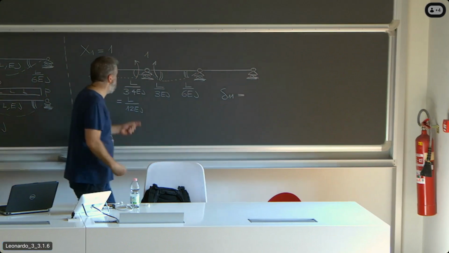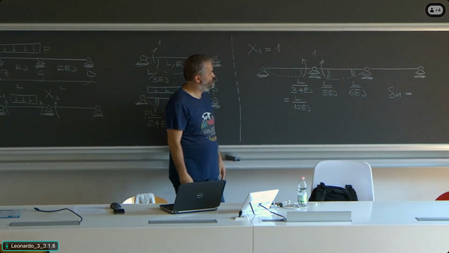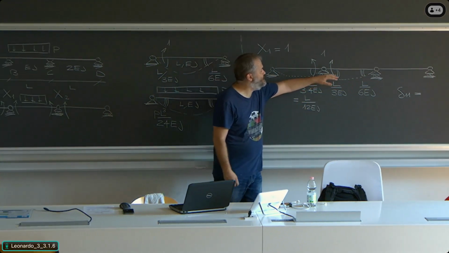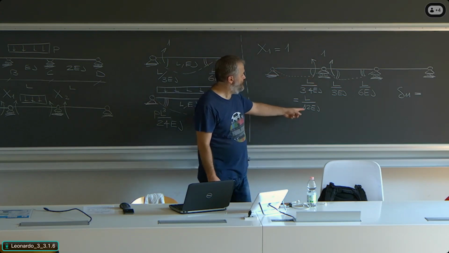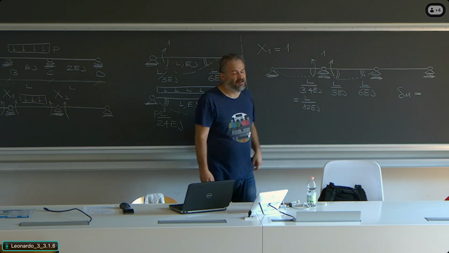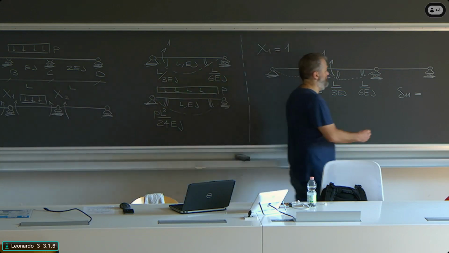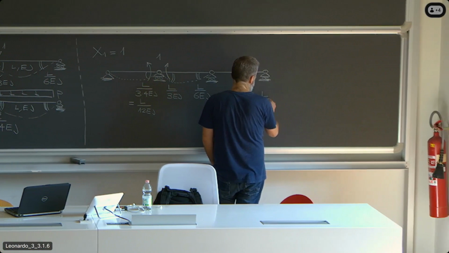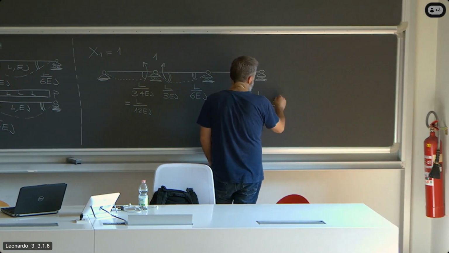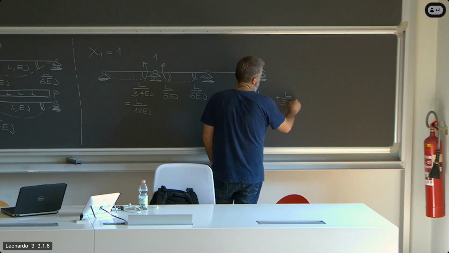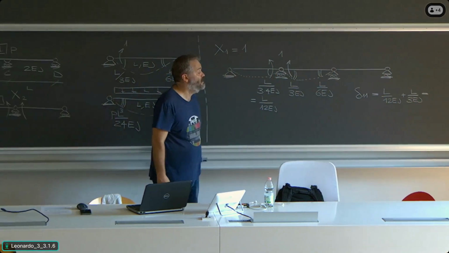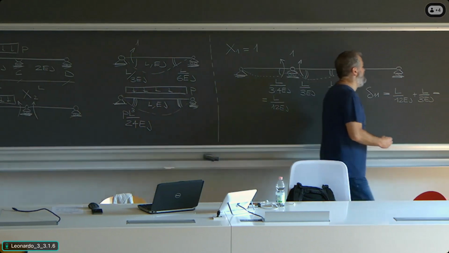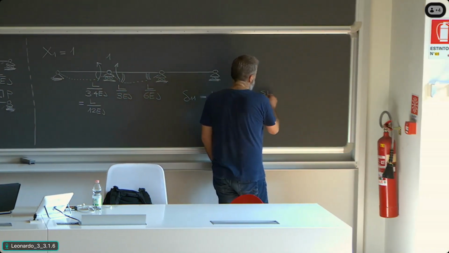I sum these two rotations, which means I'm basically looking at the relative rotation across support B. L divided by 12 plus L divided by 3. This is basically L divided by 12 plus 4L divided by 12, which means 5L divided by 12 EJ.